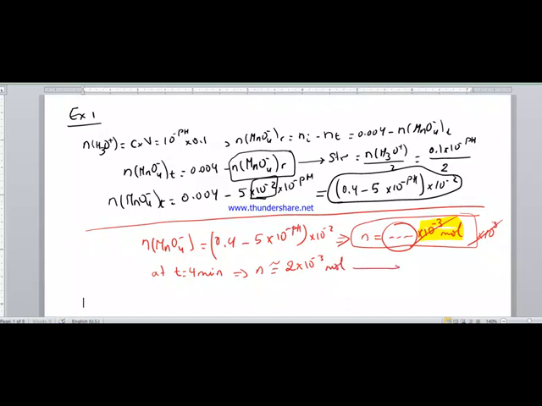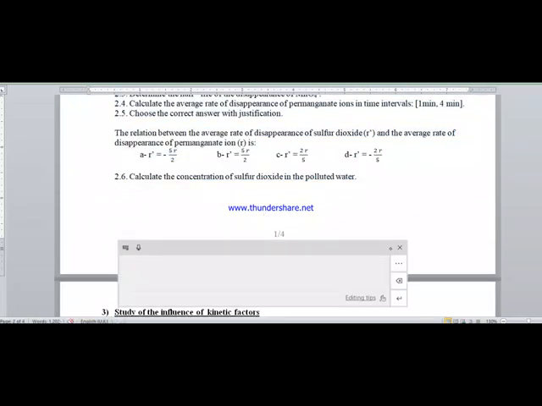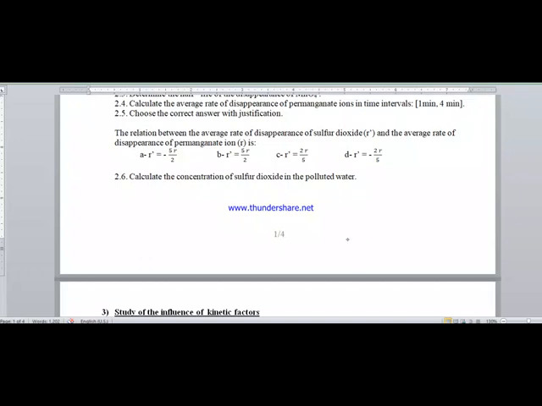To change into millimole, I multiply by 1000 and I get 2 millimole. So in part 4, choose the correct answer with justification, 2.5.